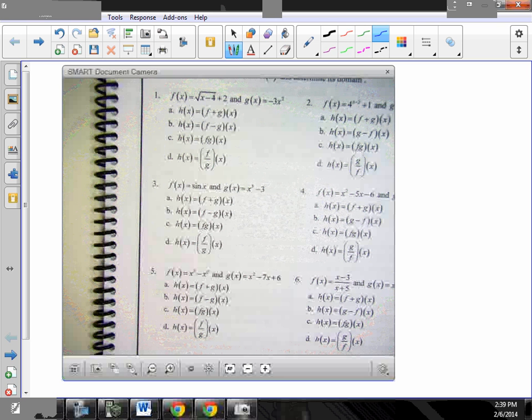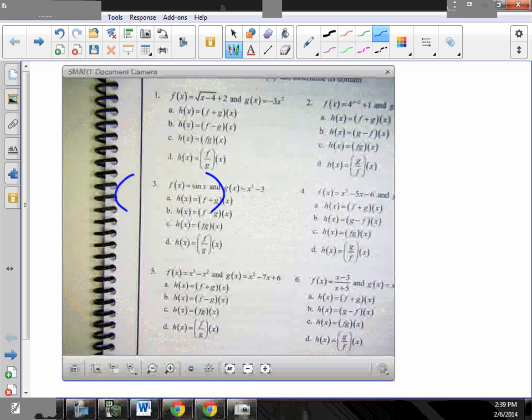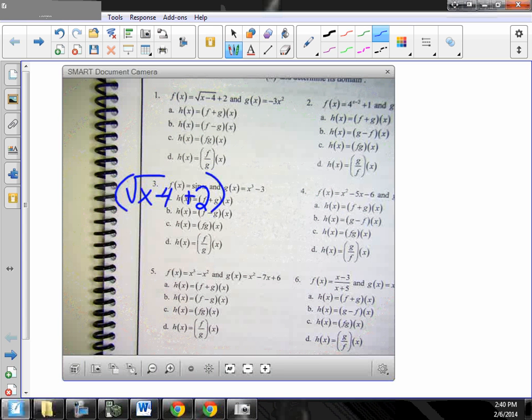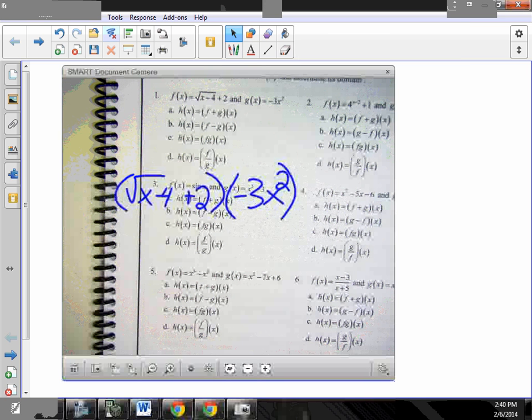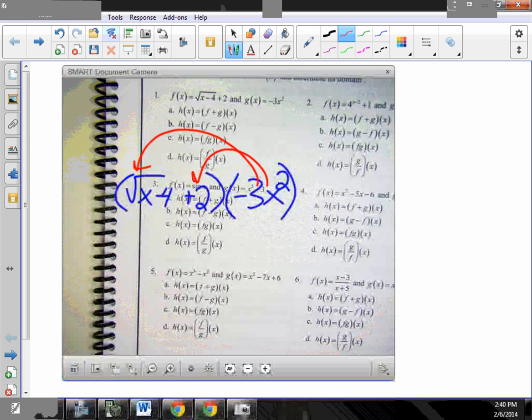Okay, so letter C, f times g. So I have square root of x minus 4 plus 2 times negative 3x squared. So all I need to do is distribute there, and distribute here.